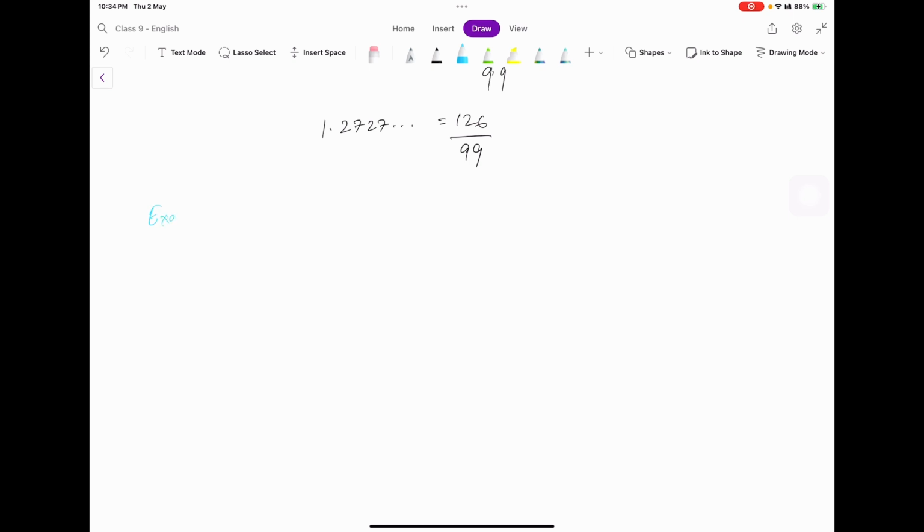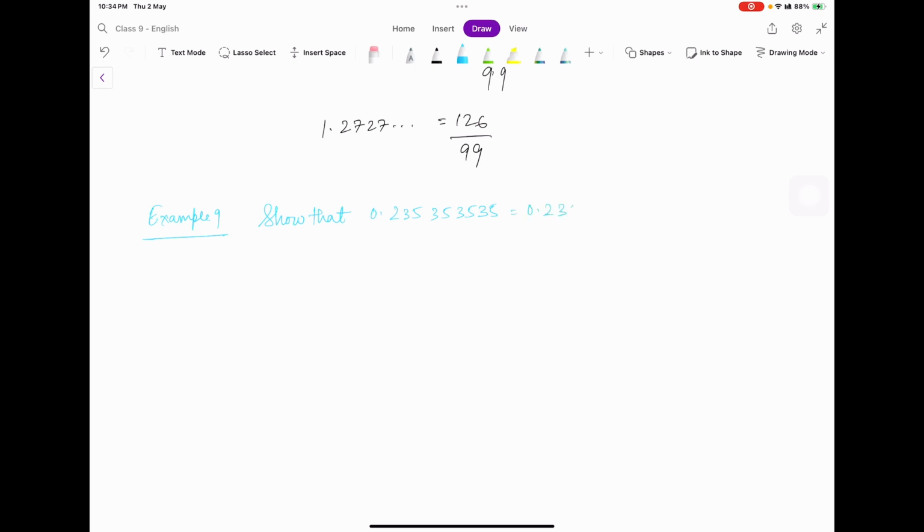Okay, next example, same type, is example 9. Show that 0.2353535. See, there is a digit 2, then the repeating starts.